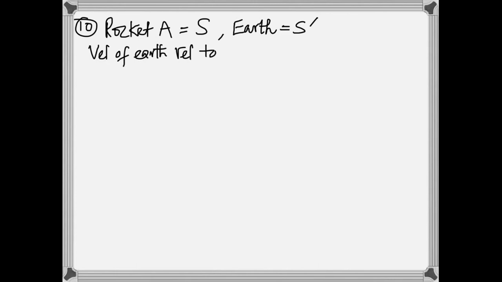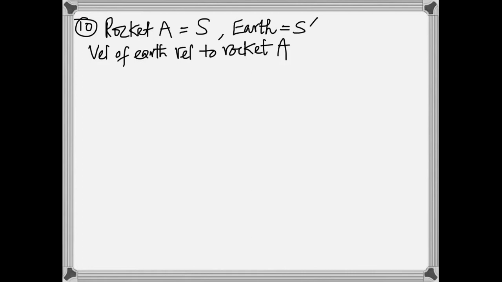Now I'm writing down everything. Rocket A is the frame S. The Earth is frame S prime, which means we need the velocity of the Earth relative to the rocket. Why are we saying that?